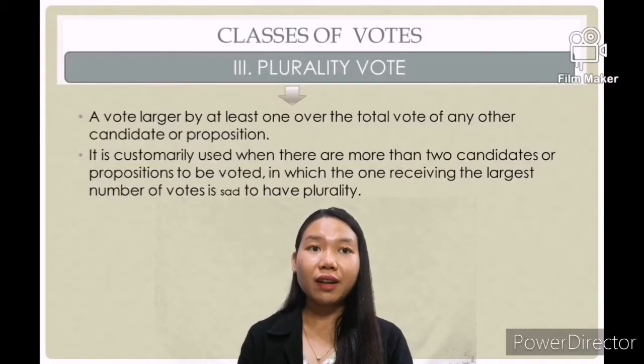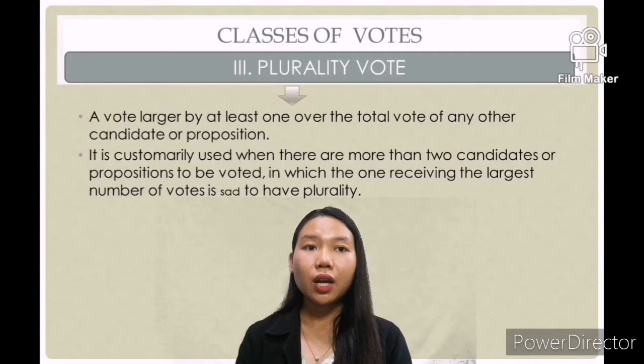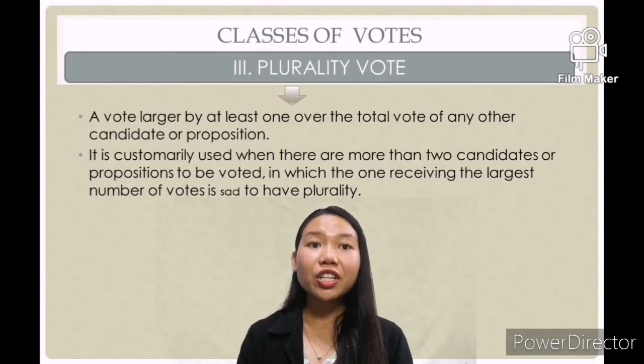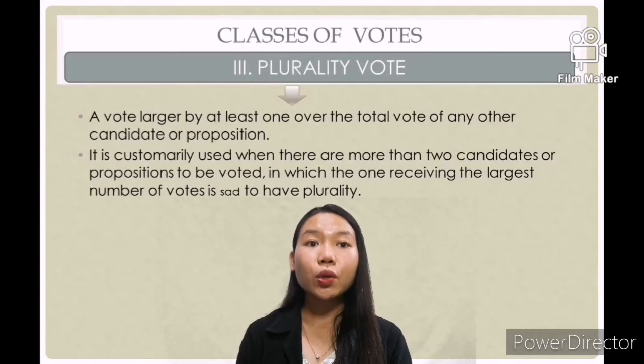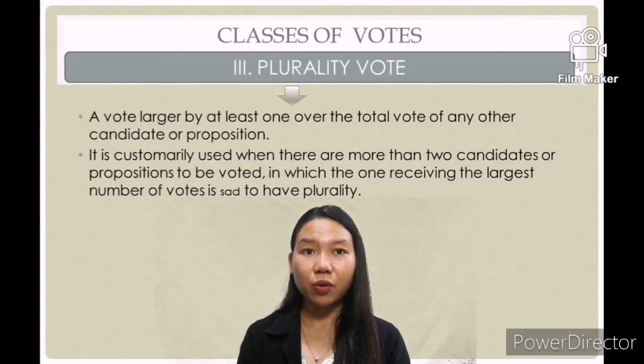Let's proceed to the third kind of vote, which is the plurality vote. Plurality vote is a vote larger by at least 1 over the total vote of any other candidate or proposition. This form of vote is generally used when there are more than 2 candidates or propositions to be voted on, in which case the one receiving the greatest number of votes is considered to have a plurality, even though it does not constitute a majority vote.